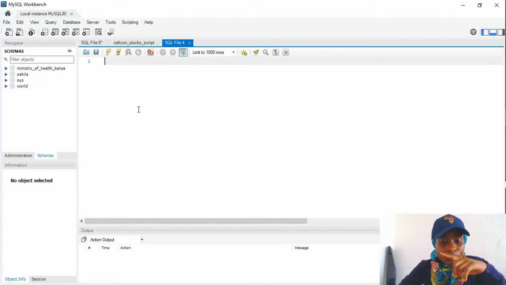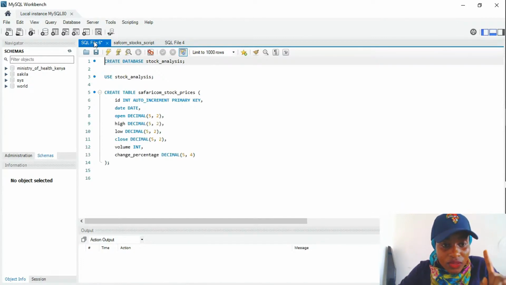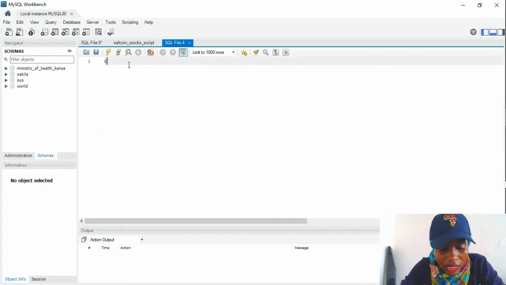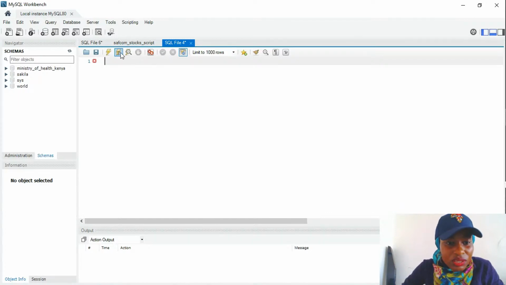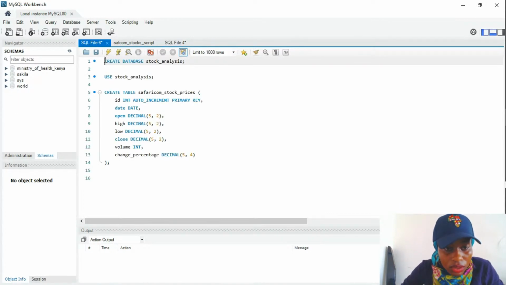Now we're going to start by creating the database. Because I don't know the exact name, we named it stock analysis. Let me just run it from here.